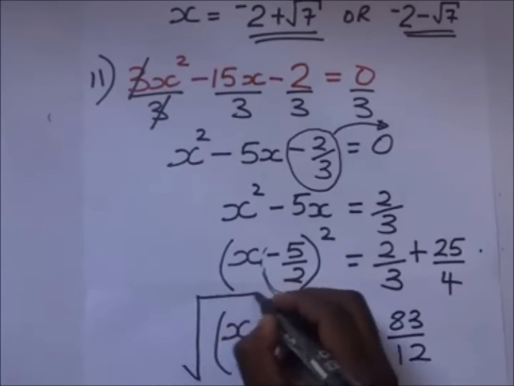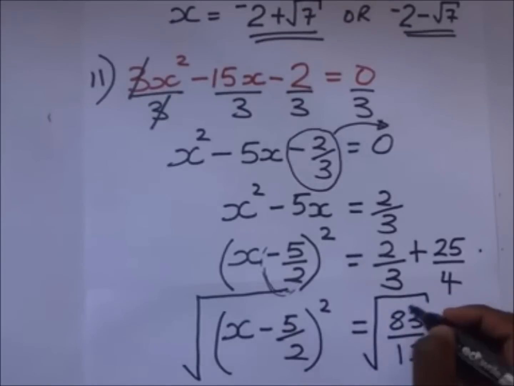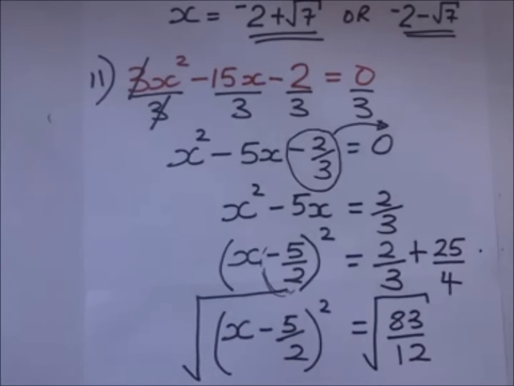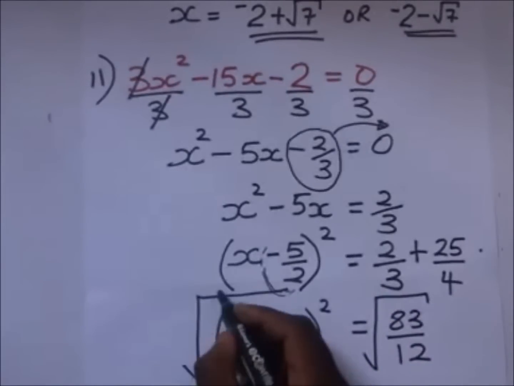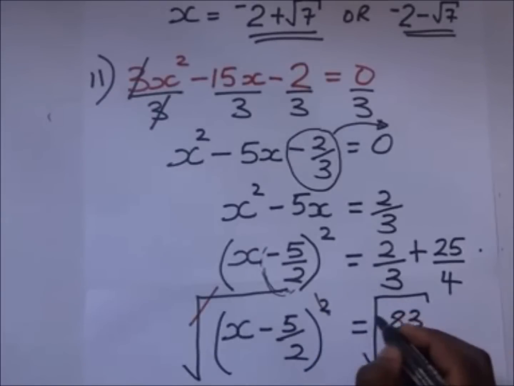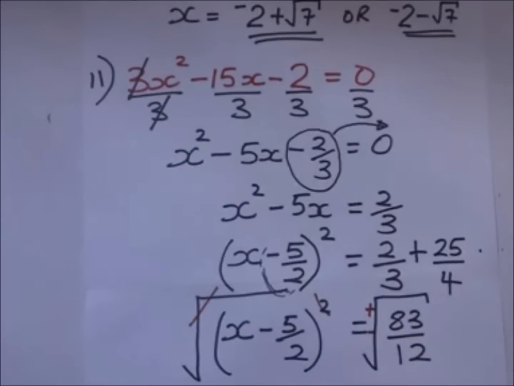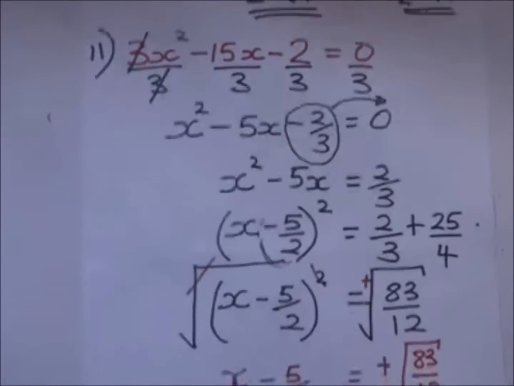So when we find the square root on both sides, we realize that this is going to cancel with that. Here we have plus or minus. So we have x minus 5 over 2 giving us plus or minus the square root of 83 over 12.